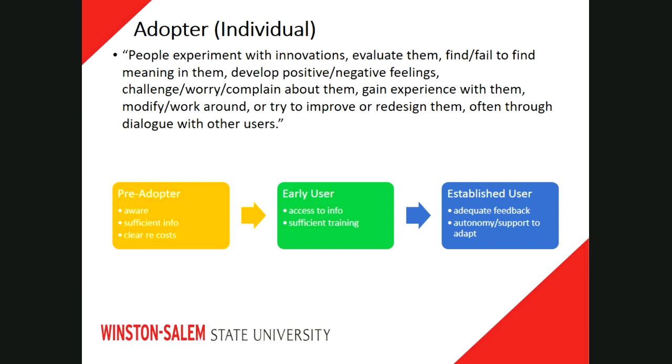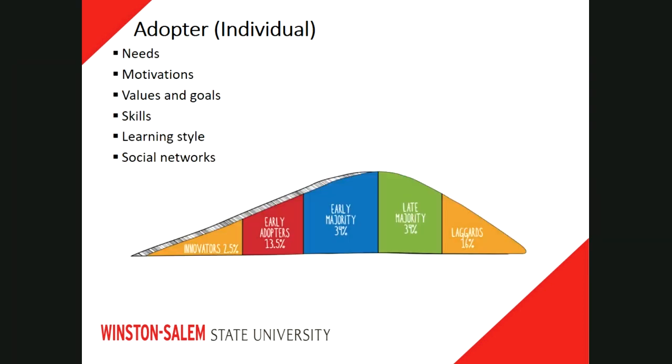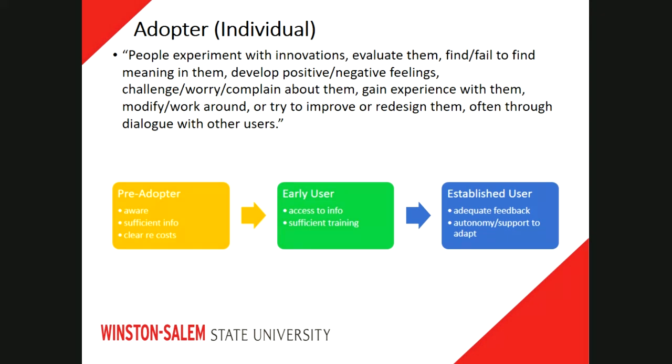Even the person who may be an early majority or a late majority, let's say a late majority, because let's state and consider that perhaps this person has developed a negative feeling, and maybe someone who complains about adding a particular decision aid tool or checklist or using something different in clinic that's a part of your intervention.